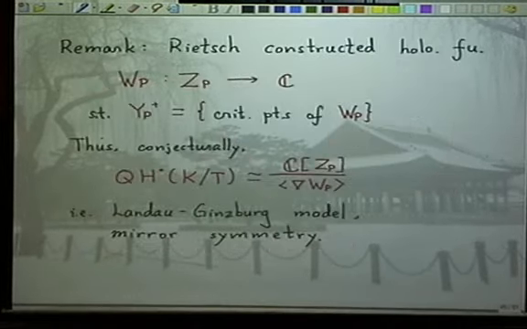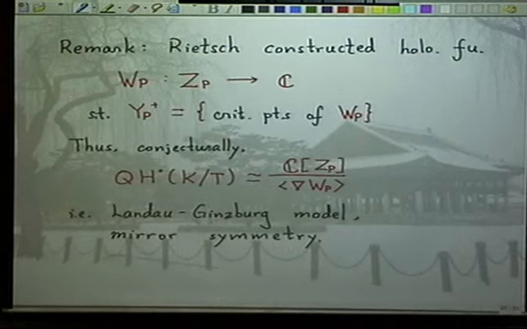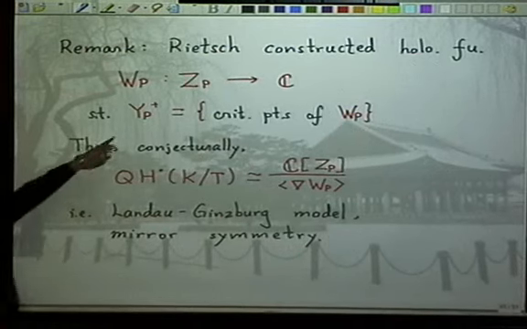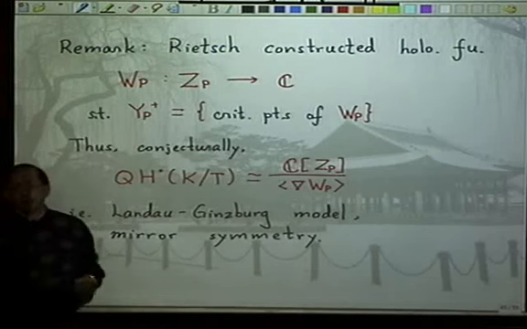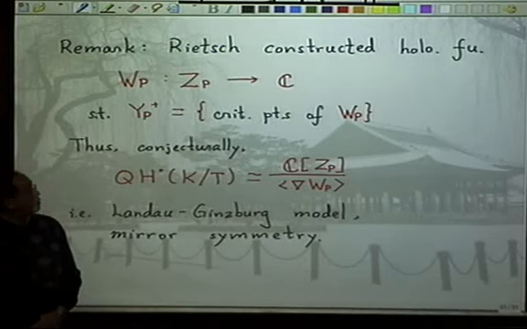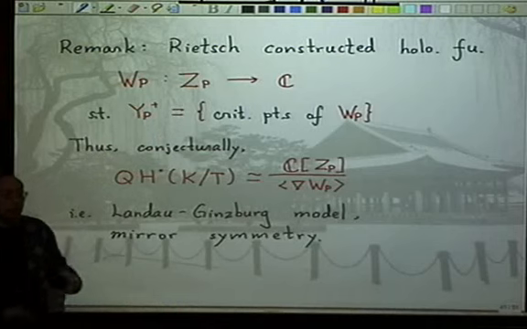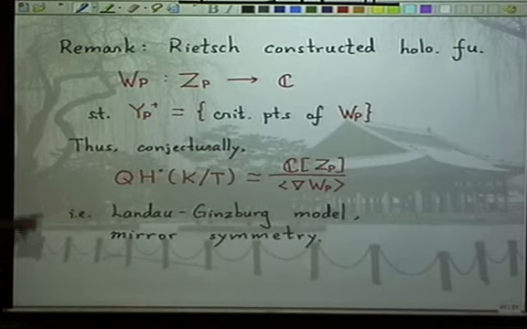Also, it was a work of Rietsch, who in fact realized Y_P as a critical set of the natural space called Z_P. That is probably more into the mirror symmetry point of view, so you can try to describe the quantum cohomology this way too. But all these are still pretty much unknown.